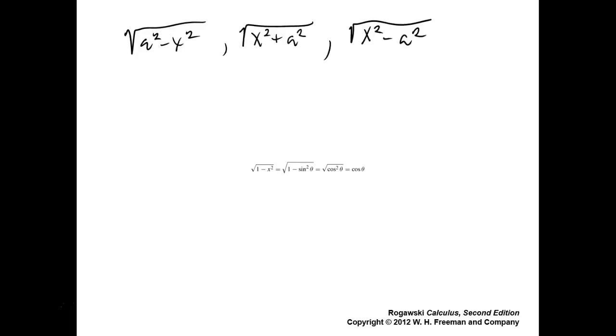So you see, if you have any one of these three forms, probably going to be a trig substitution that is most likely to help. I can't guarantee every one it'll work, but at least some of them it should. Okay? So those are the ones we're going to be considering.